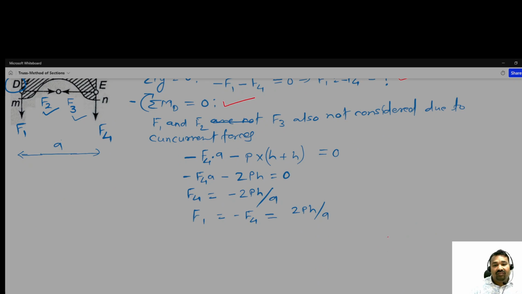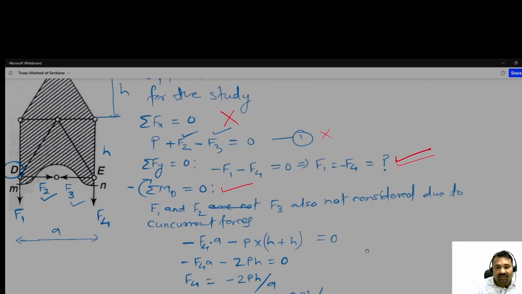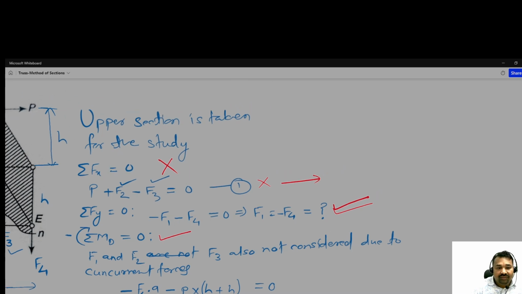And what about equation 1? Let us discuss this. So this is equal to what? Actually P is equal to F3 minus F2.